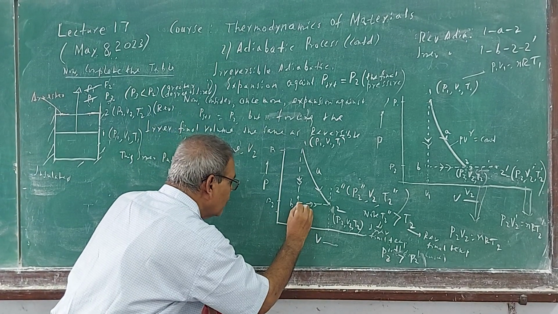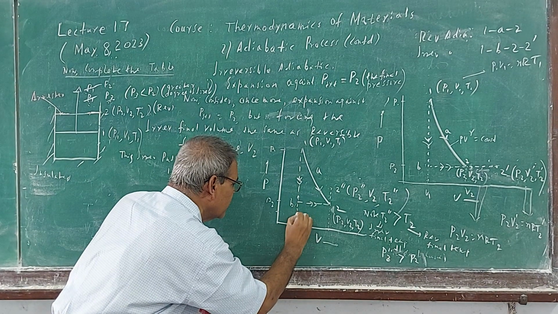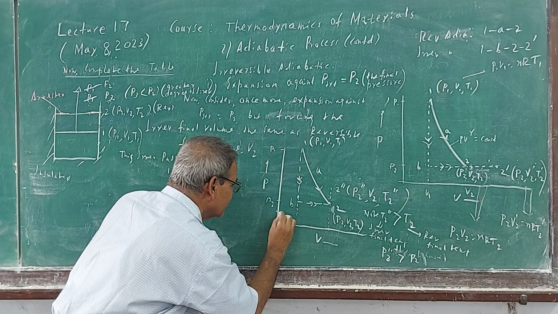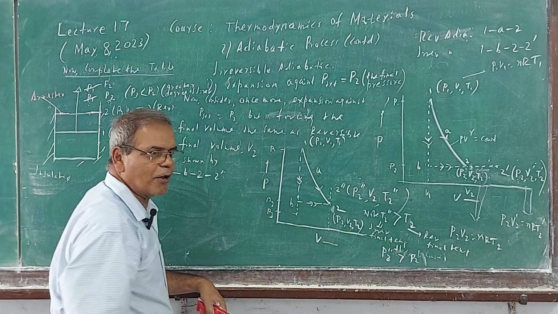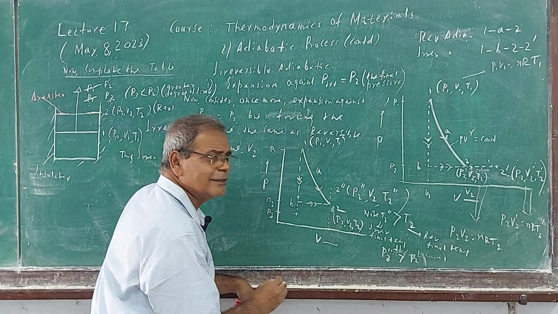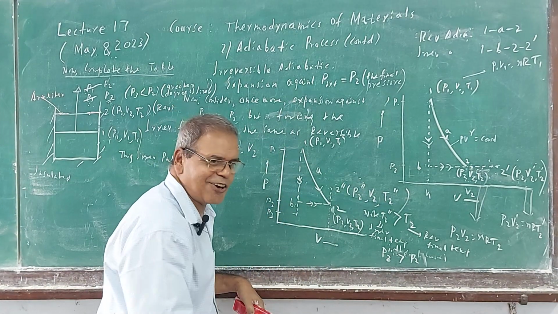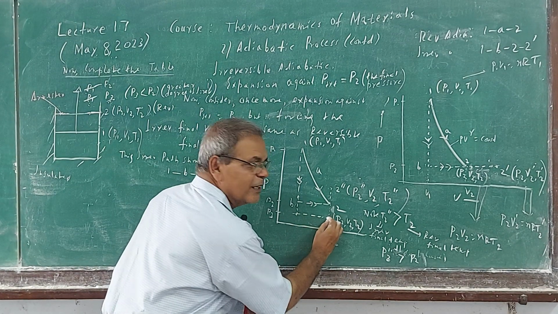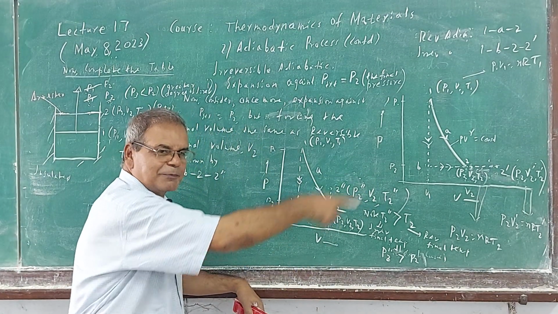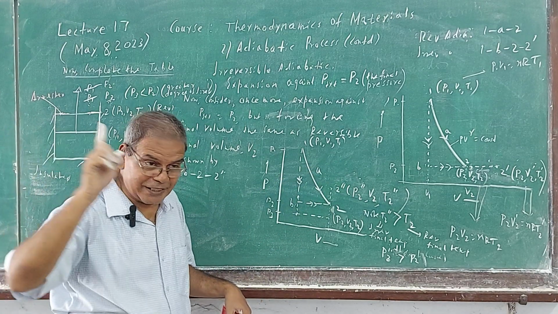So it will drop, how will it drop? First drop. Good, very good. So this is your P3. Drop. Then what will happen? Expansion, sir. After the sudden drop, then expansion. Arrestor is there to maintain the volume.